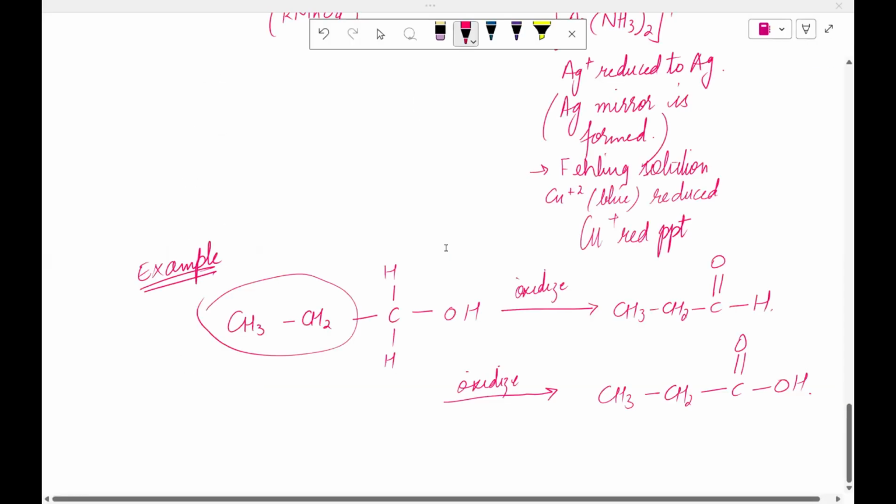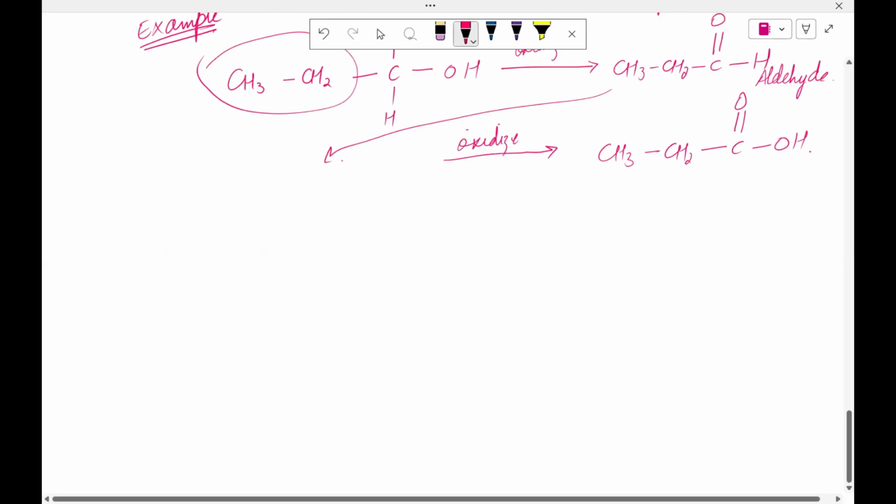So one more important thing that I want to tell you: the reaction does not stop at the aldehyde, it is further oxidized to carboxylic acid. If we want to stop the reaction at the aldehyde, then what are we going to do?